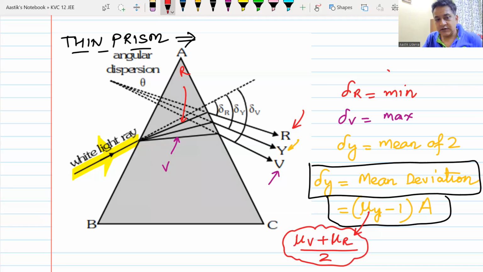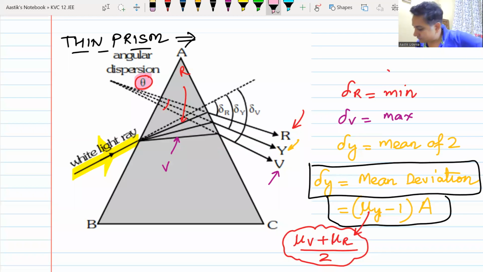Then you see a small angle theta here. Do you see this small angle theta? The small angle theta is the angle between the red light and the violet light.